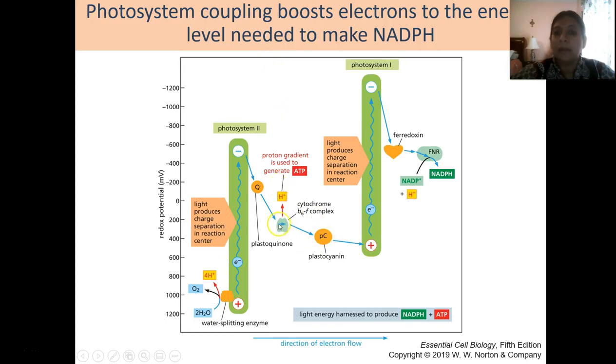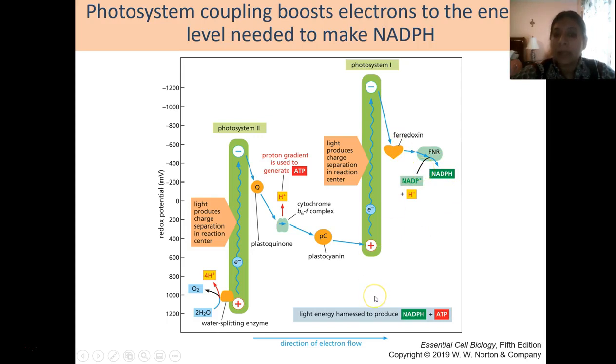And then as it gets through the cytochrome B6 complex, the plastocyanin that is a result of that will get further excited inside photosystem 1 by, again, taking in the light and using that light to excite these electrons, which can then be transferred to the ferredoxin, and with the help of FNR convert NADP plus to NADPH, which requires some protons as well.